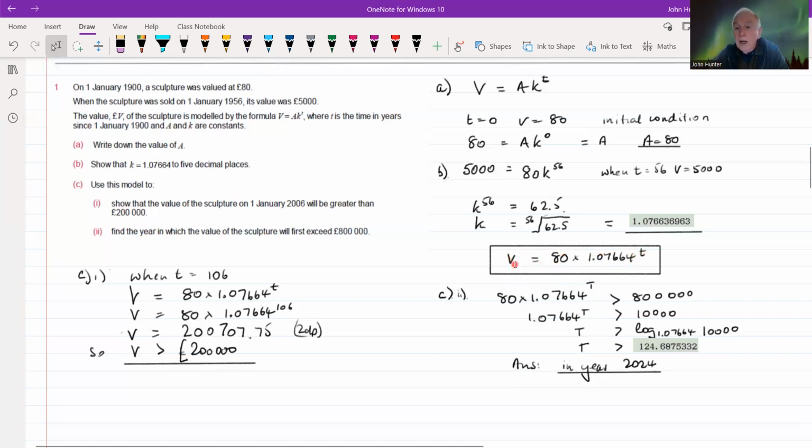But then we're asked to find the value of T for a value of V, so we have to apply our log rules in order to actually solve that equation. And in this case, they're basically inequalities that we're working with, but the same principles will apply.